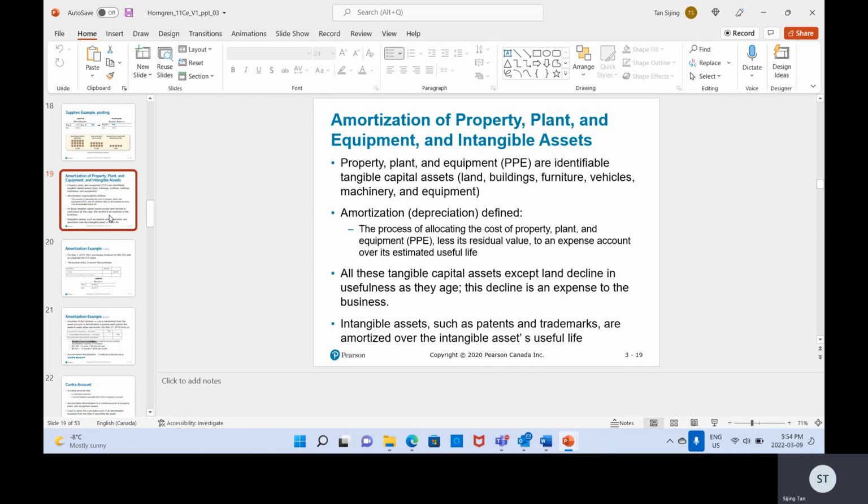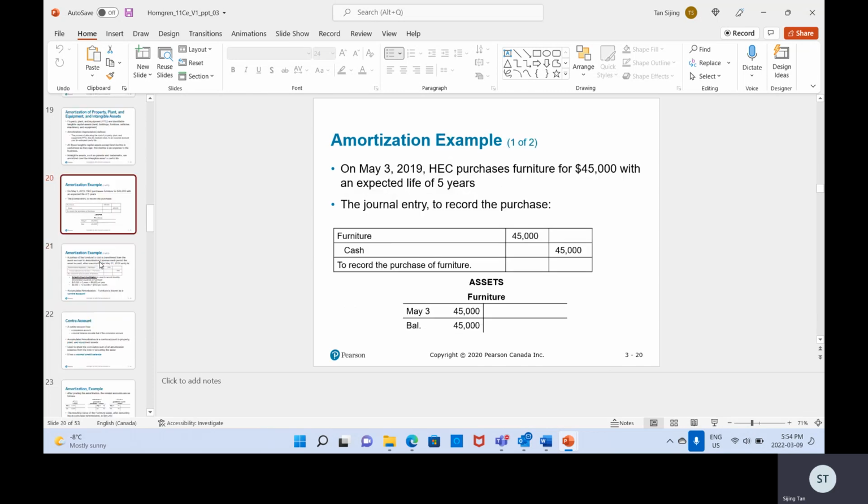So amortization is similar to prepaid expenses in that an asset is recorded when the plant or equipment is acquired. The asset is expensed as it is used; both in kind and substance, they are prepaid. The major difference is that prepaids usually expire within a year, while plant and equipment assets remain for a number of years. Now we're going to see examples.